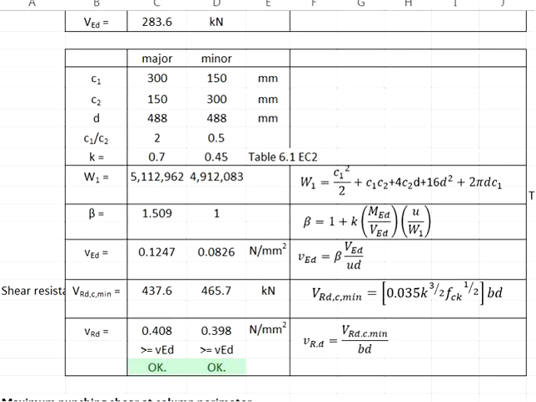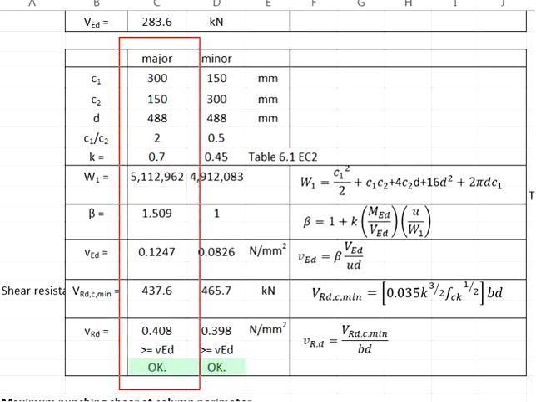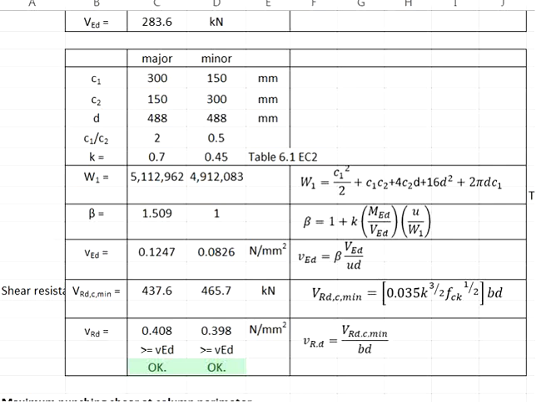What you see here, the punching shear is more critical due to the moment. If the moment is acting in the major axis, theoretically you only need to check for the major axis. The minor axis is not likely to be the critical side. Now, if the moment is acting in the minor axis, then you will need to check for the moment resistance in the minor axis, as the shear stress is likely to be more critical than the major axis.